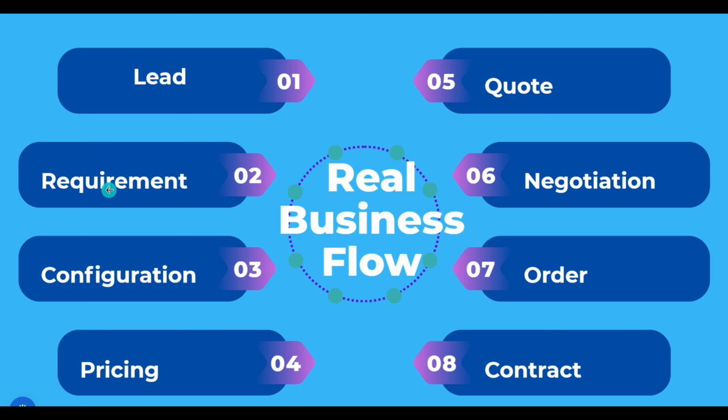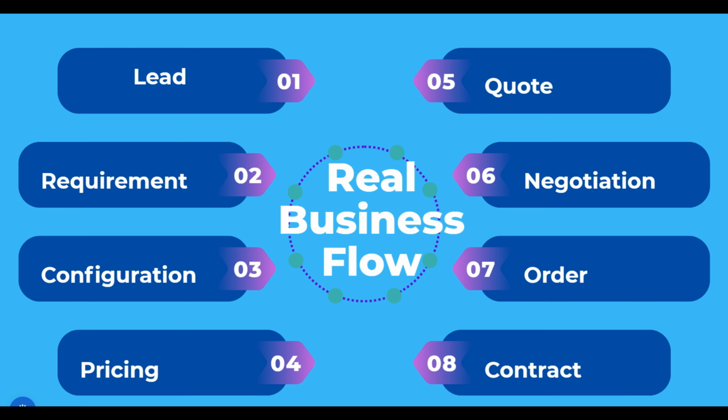Next comes the requirement stage, where the sales team connects with the customer to understand their needs, like how many users they have, what features they require, and what budget they are working with. Based on those needs, the company moves into configuration, where they customize the right solution or package for the specific customer.